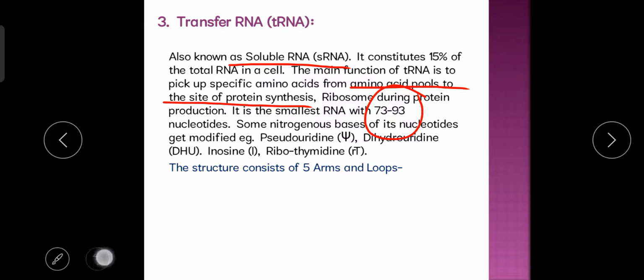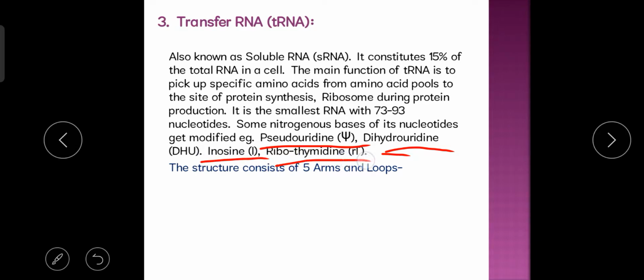Okay, and a very important point, remember, some of the nitrogenous bases are modified. Some of the nitrogenous bases get modified, and these are the examples. Here see, some uridine becomes pseudouridine, some uridine becomes dihydrouridine, and some becomes inosine, and some ribothymidine.